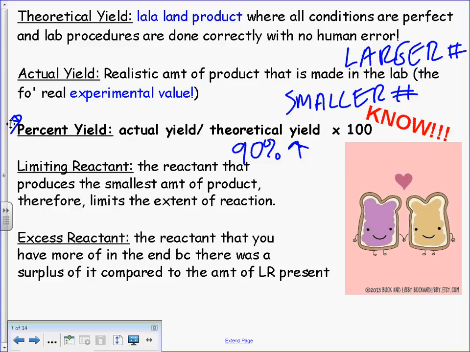How is percent yield different than percent error? What is the percent error formula? Accepted value minus achieved value. I'm going to say experimental. Cool. Okay. Over accepted. Absolute value times 100.